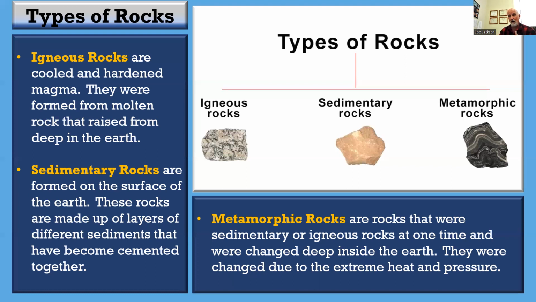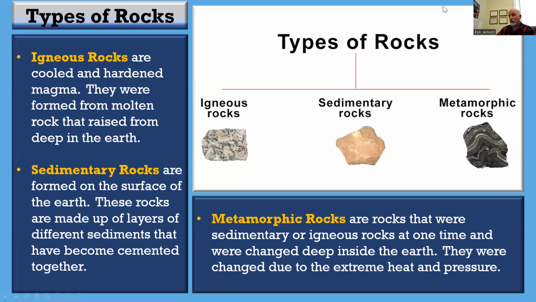But chalk, limestone, these are all sedimentary rocks. And if you actually take a look at them, you can see that they're layered. But they are formed on the surface of the earth, is the main thing. They're made from different sediments. The different sediments that make them up determine the characteristics of the rock.